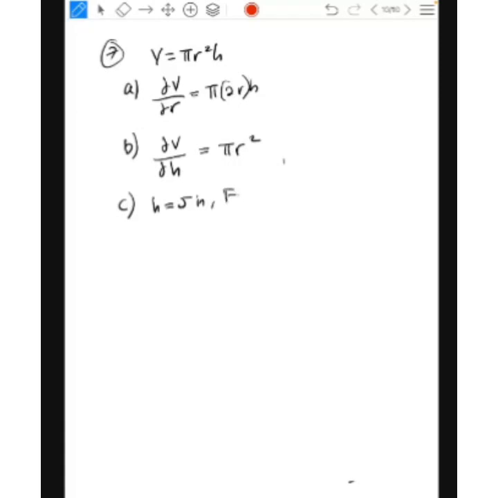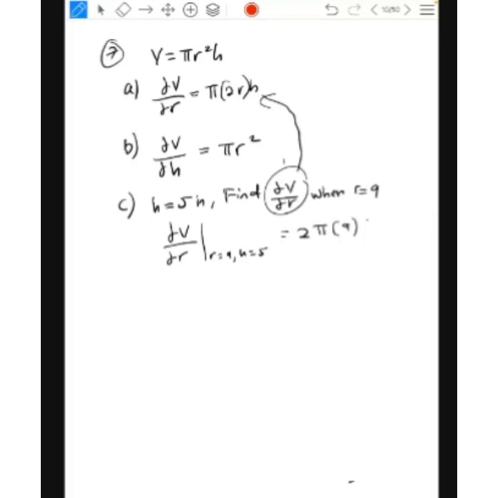Then the question asks to find ∂V/∂r when r equals 9. So for ∂V/∂r, we actually have to use the result from A. r equals 9, h equals 5, means 2πrh with r equals 9 and h equals 5.